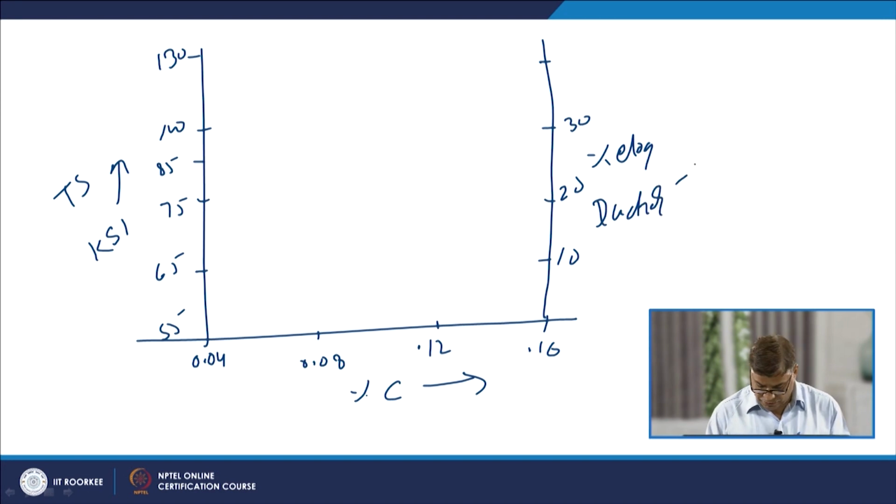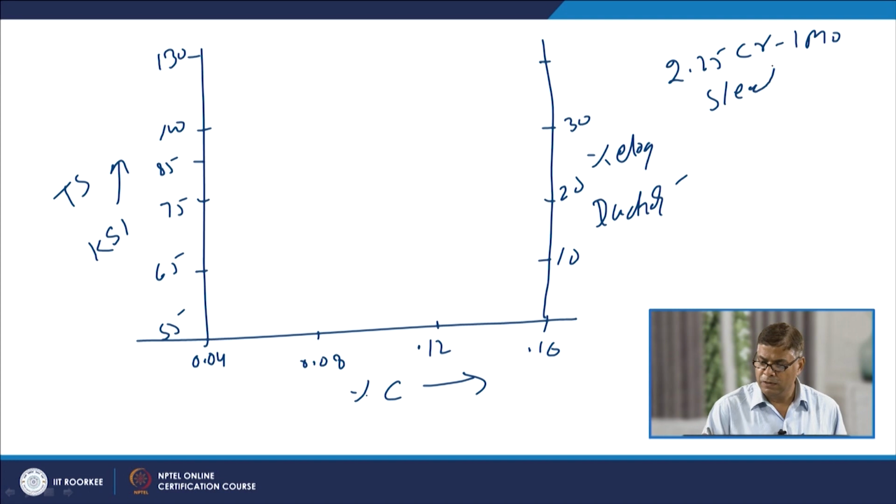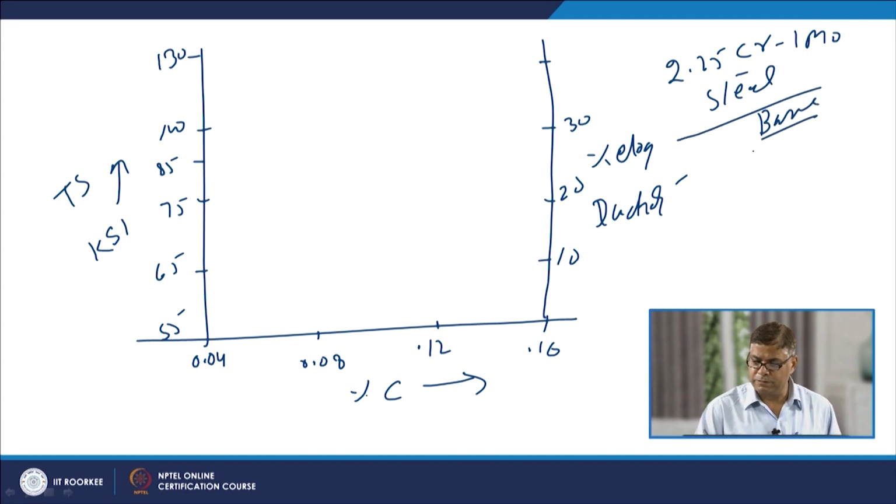So, we will now try to see how the tensile strength and elongation of the 2.25 chromium 1 molybdenum steel weldments, this being the base metal, change as a function of carbon content when the properties are tested in as welded condition or in stress relieved condition.